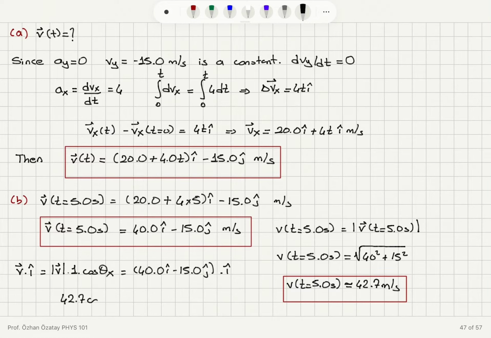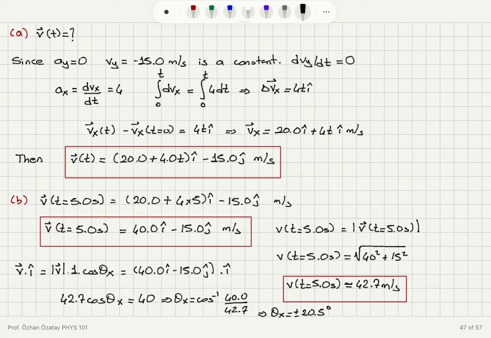So 42.7 cosine theta x is equal to 40, because i hat dot i hat is 1, and i hat dot j hat is 0. So theta x is cosine inverse of 40 divided by 42.7. This gives me theta x equal to plus or minus 20.5 degrees.